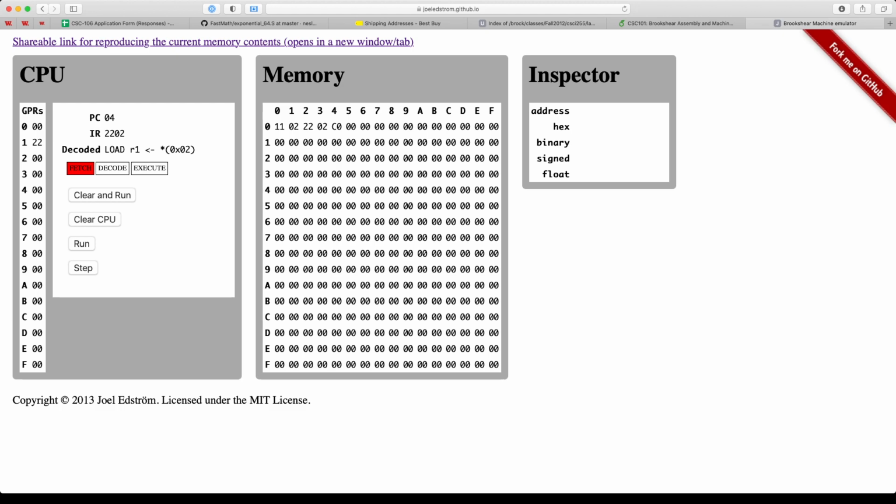Okay, now what? We need to decode it and then do what it says to do. So fetch, decode, what does it say to do? Load register 2 with the actual number 02. So when I hit the next step and it goes to execute it, what should appear in register 2 over there? The actual number 02.